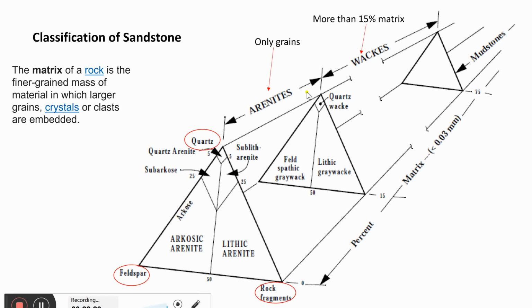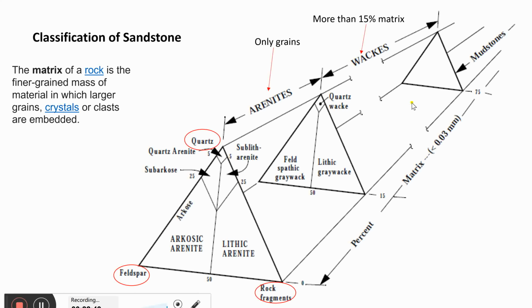Similarly, if you move towards the right side, here there are arenites. Arenites actually represent the grains, and mostly we observe in the field some of the sandstone only contain grains. There is no matrix there.